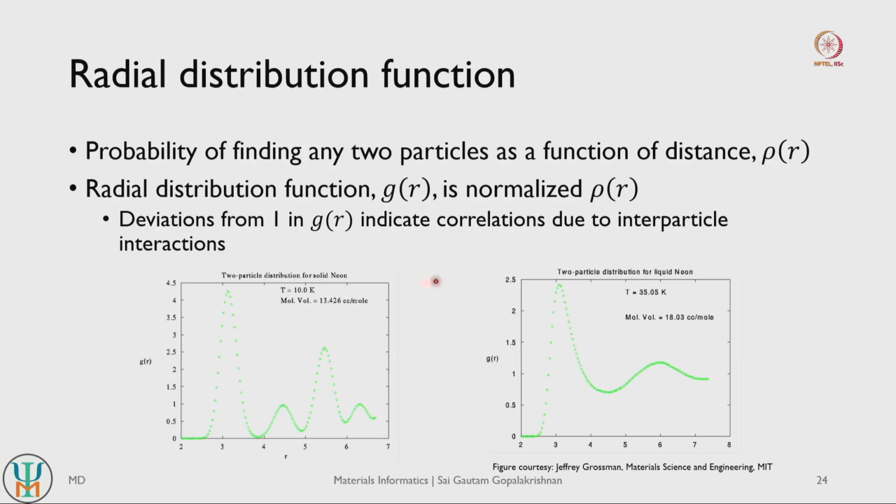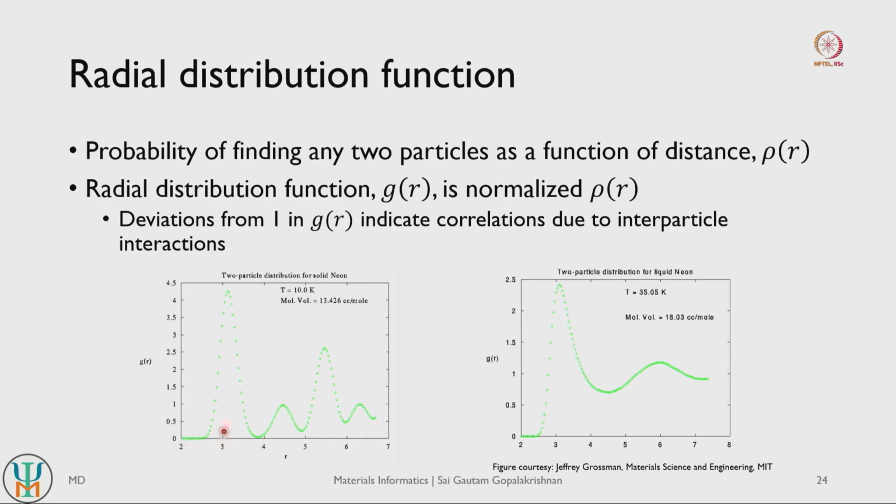So I am just giving two examples of particle distribution functions for solid neon. So neon again is an ideal gas, so you can model this as a bunch of rigid spheres. So if you have solid neon, you see that your g of r has distinct peaks at different distances for a reference particle.